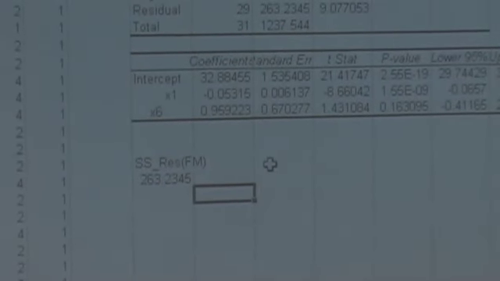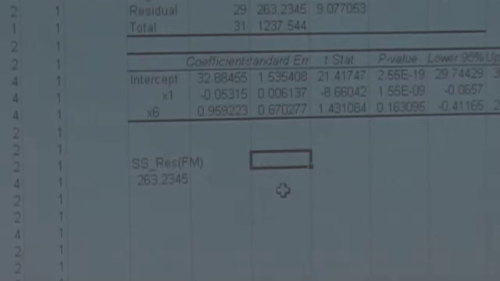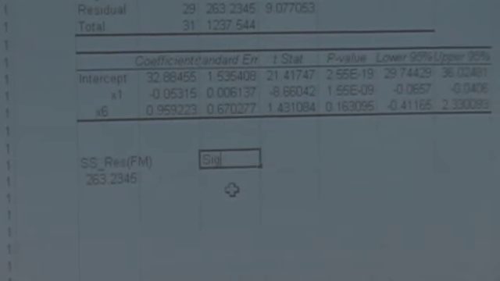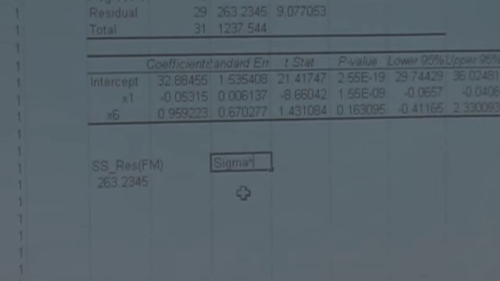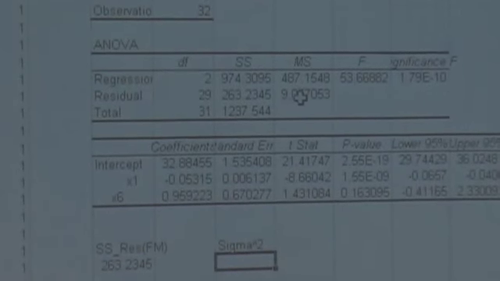Then I had MS res, sigma hat squared. Why do you need it? I need that for the denominator, for the F ratio. Okay? That's equal to this.